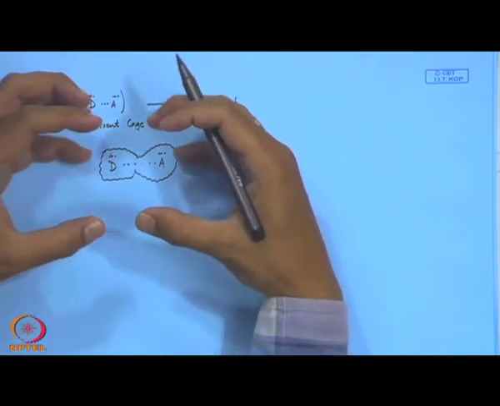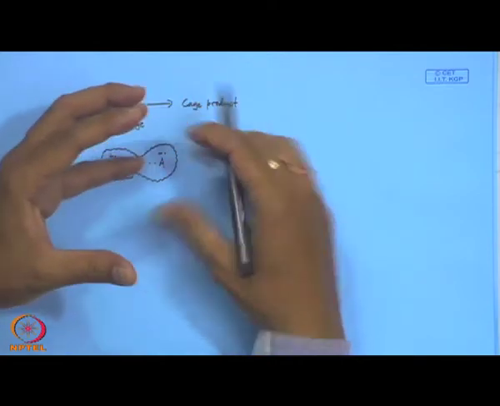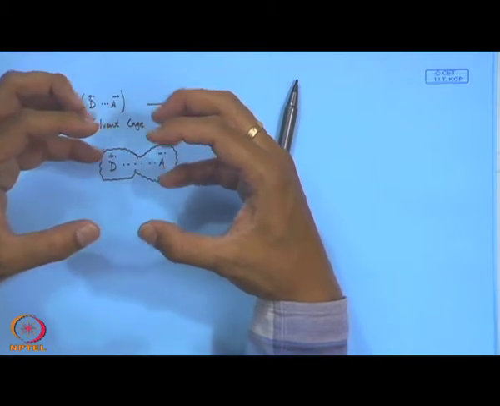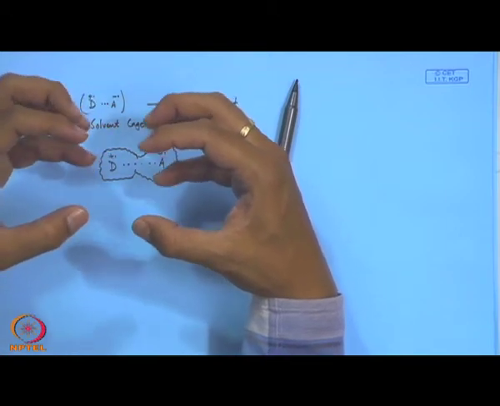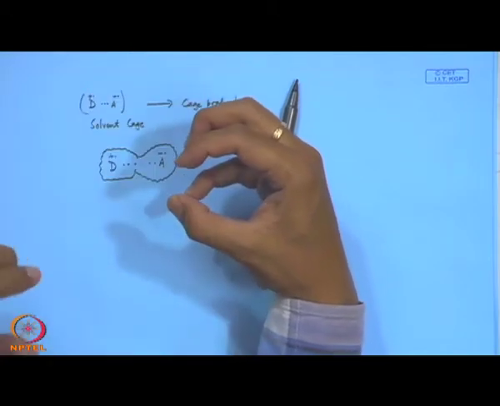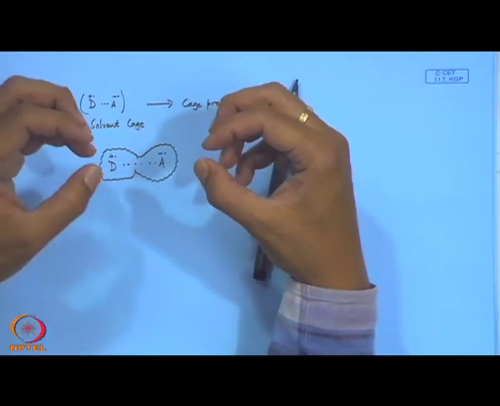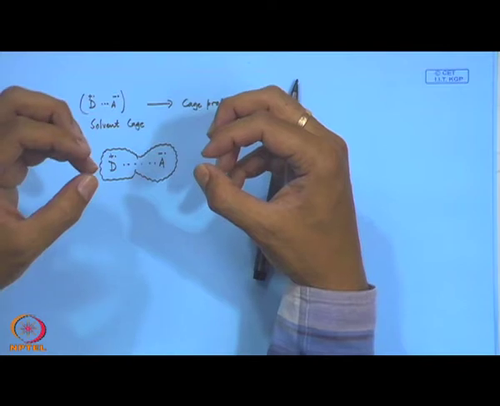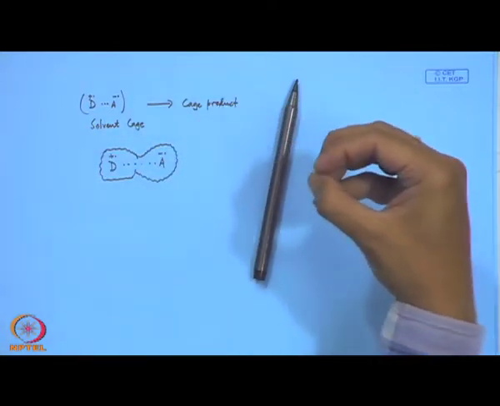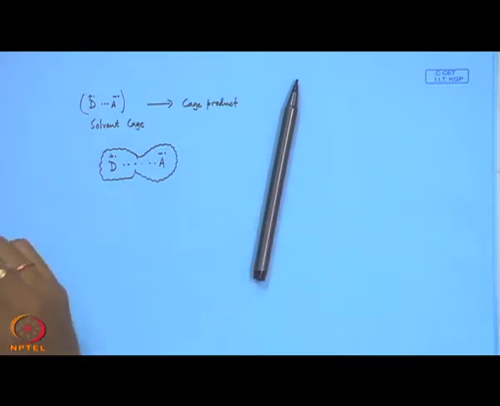Initially you have D and A together, and then gradually the solvent moves so that they separate. So this A minus dot is surrounded by some solvent molecules, and D plus dot is surrounded by others, and they are now separated a little bit, and ultimately they may separate completely.